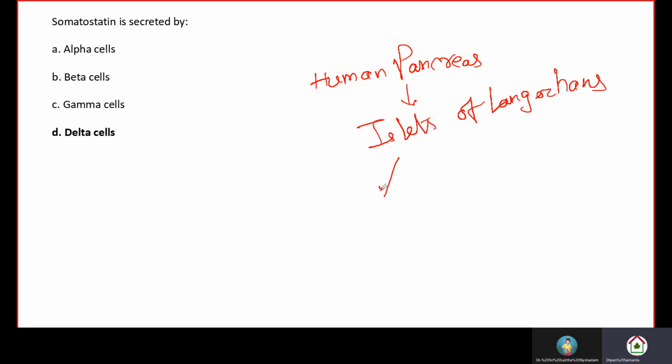There is no gamma. 60% of the cells of the islets are mainly in the middle of each islet, and those are beta cells. Beta cells constitute 60% of the islets of Langerhans, and they secrete mainly insulin and amylin.